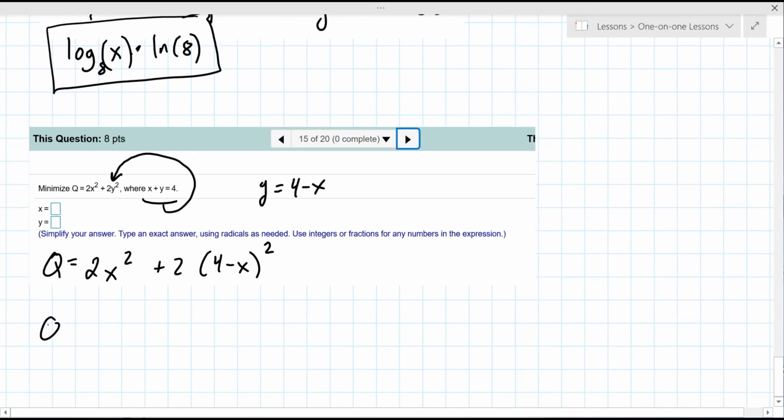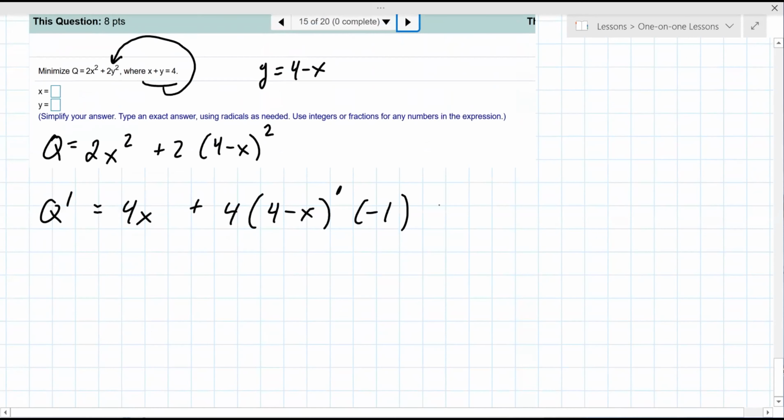Well, you take a derivative. You're in derivative land, so you take derivatives of everything. So this is 4x plus, this is power rule, so it's 2 times 2, 4, times 4 minus x to the power of 1. The derivative of the inside function is minus 1, because the derivative of x is minus 1. You set this equal to 0. Hopefully you've seen that. Hopefully that's not too weird.